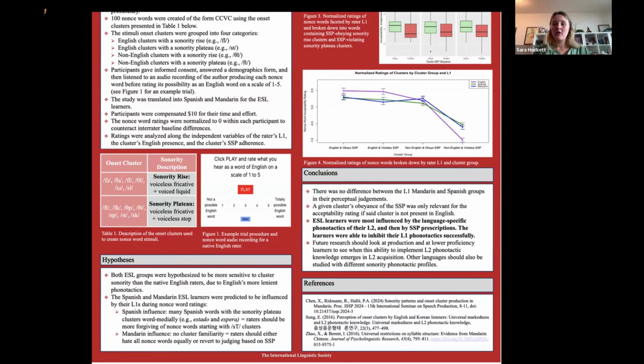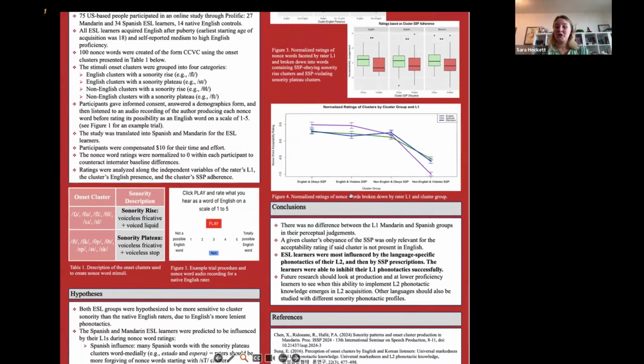So something like estado or espera. So they should be more forgiving of something like scad or stad, nonce words. Whereas Mandarin, it could have gone either way. From their Mandarin influence, they have no cluster exposure in their L1. So they should either hate all of them or they could revert to judging based on the language-universal patterns.